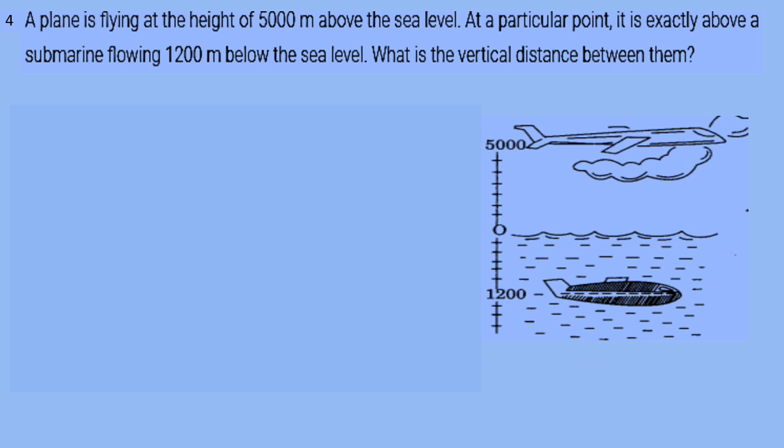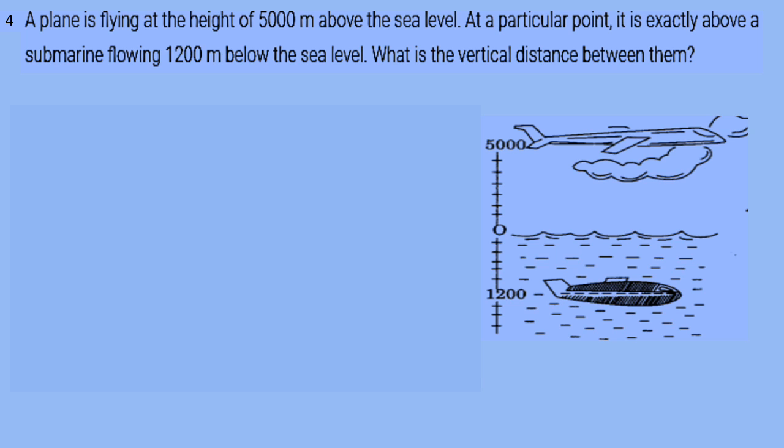At a particular point it is exactly above the submarine, which is 1200 meters below the sea level. So here what you are going to find is the distance between the plane and the submarine.